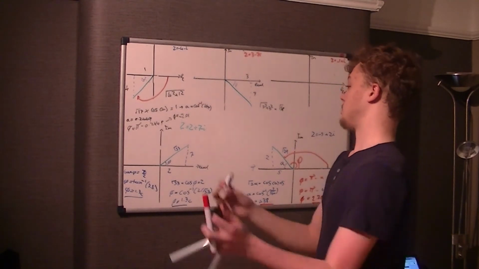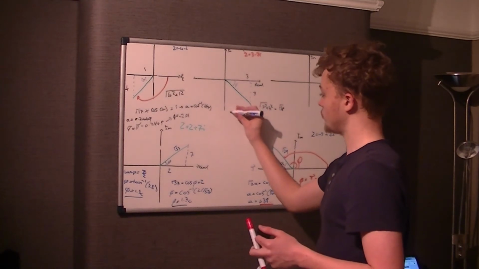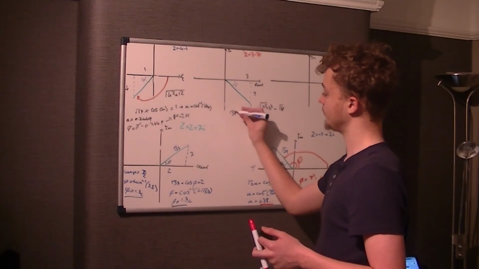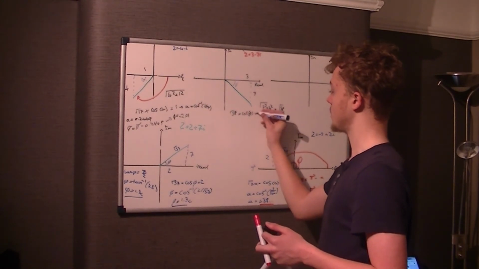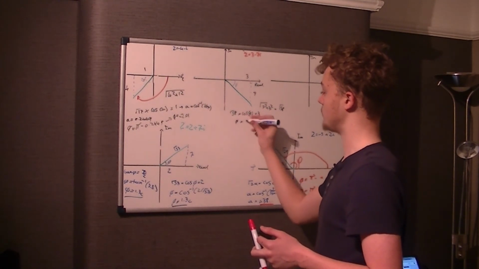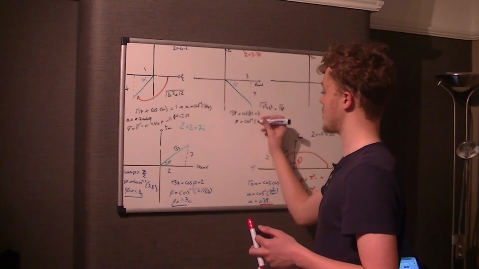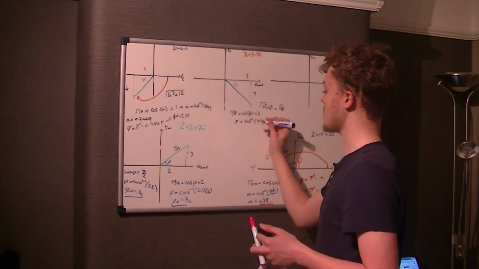Can't do anything with that, as we couldn't do anything with the other ones, so it's root 58 times cos of theta equals 3, theta equals the cos inverse of 3 over root 58.